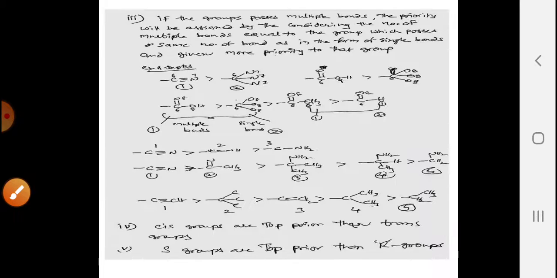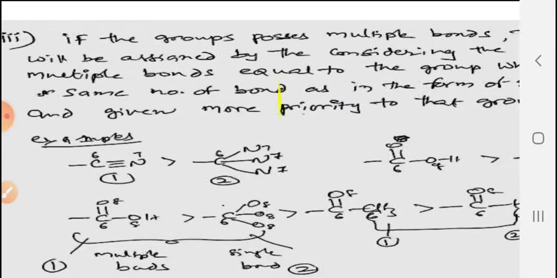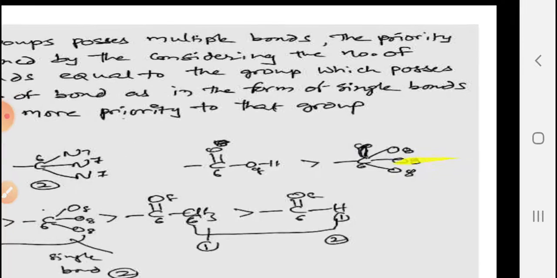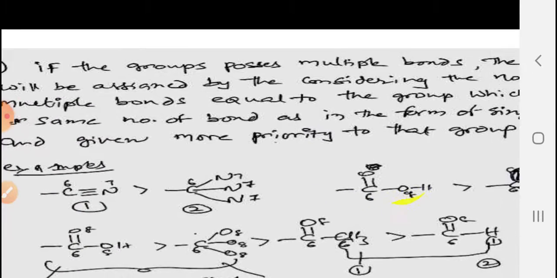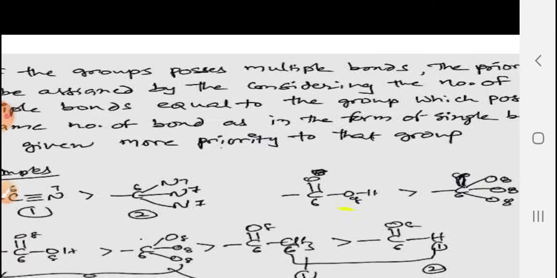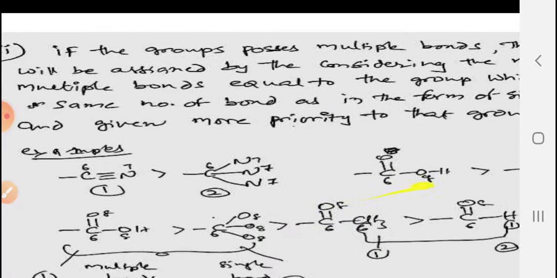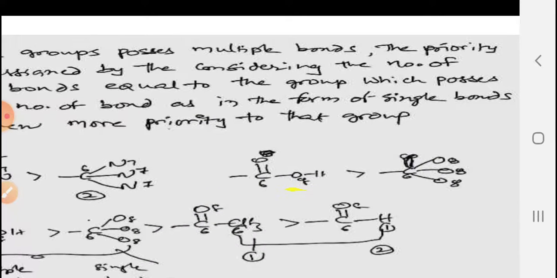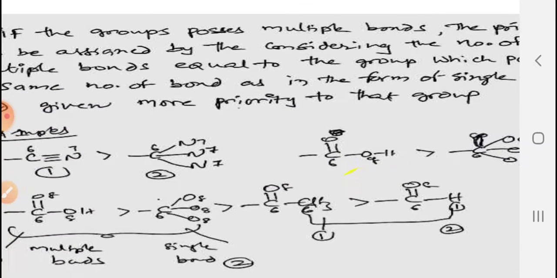And coming to the third one, most important: if the groups possess multiple bonds, the priority will be assigned by considering the number of multiple bonds, equal to the group which possesses the same number of single bonds.